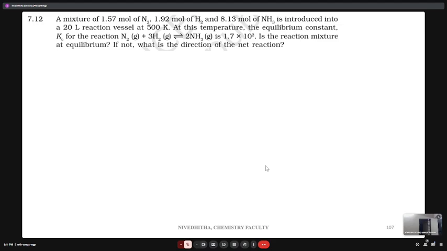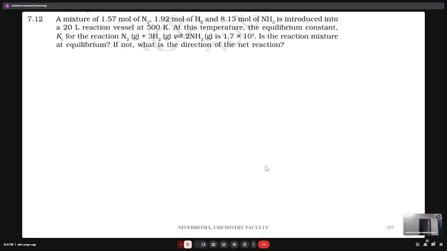Is the reaction mixture at equilibrium? If not, what is the direction of the reaction? So what we have to find? First, we have to find the value of Qc, and we have to compare the value of Qc with Kc. So using that comparison, we can find the direction of the reaction, right?